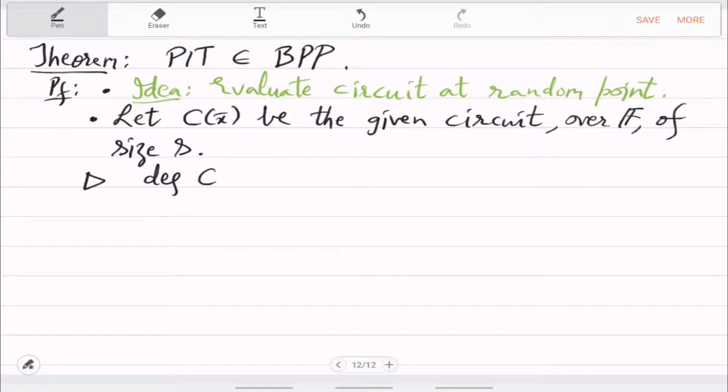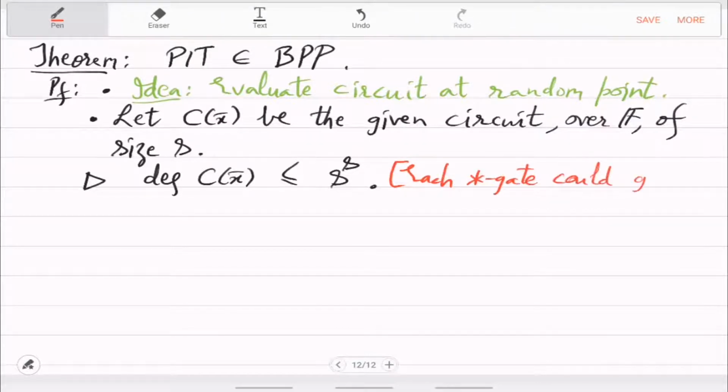So the degree of C cannot exceed s to the s. Each time you are multiplying s things, and you can do this s times. So you get s times s times s, s times. Each multiplication gate could grow the degree s times.